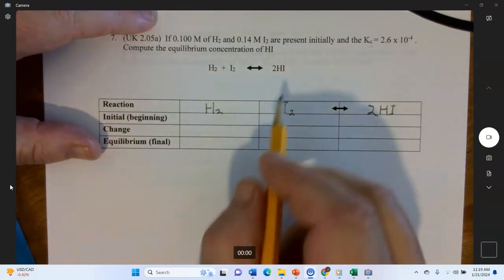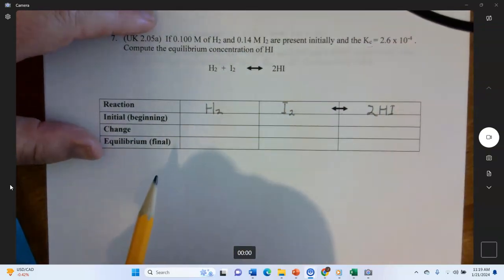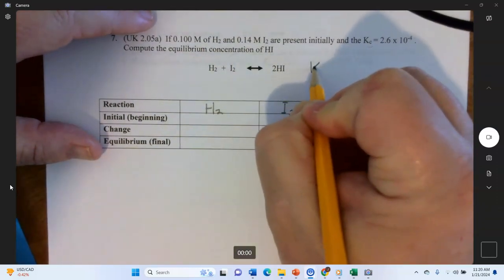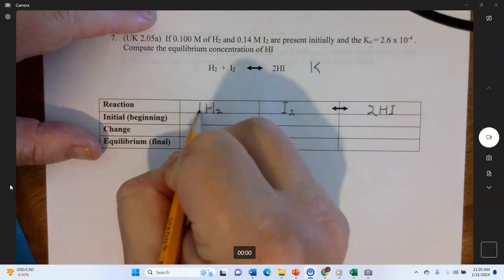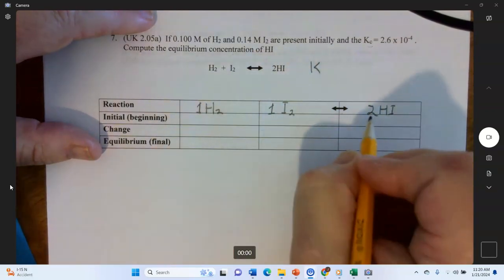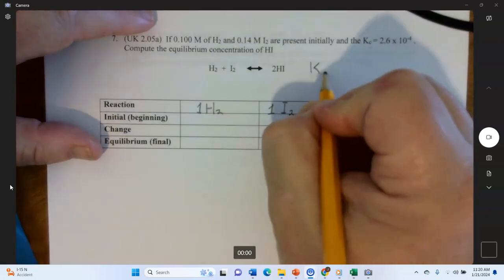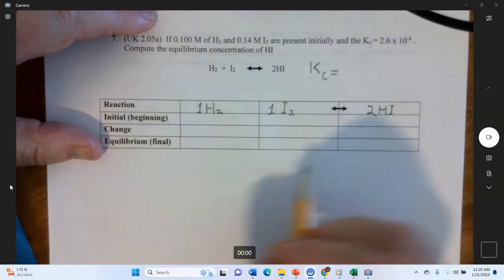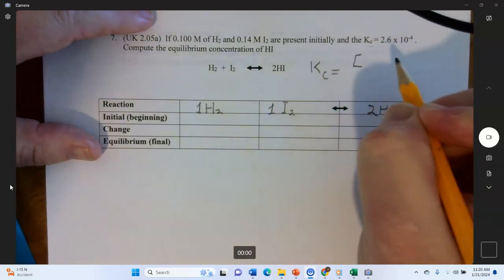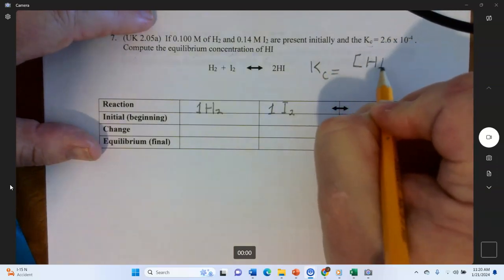I'm going to go ahead and write up here, right next to the equation, the law of mass action. Let me put my coefficients on here, by the way, even though you don't have to put ones, and you've already got the 2 there. So it's this one on top because it's a product, and I'm going to use square brackets because it is a concentration.